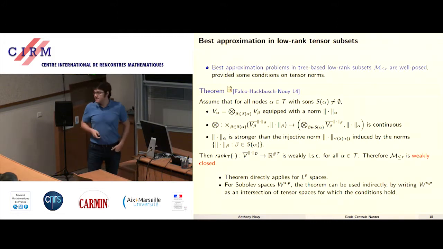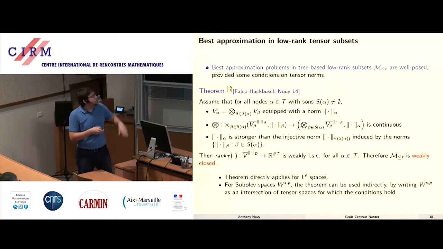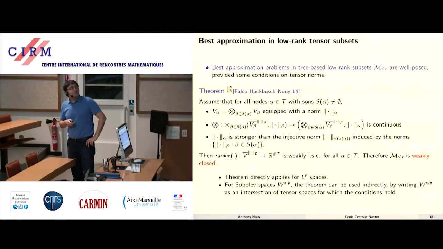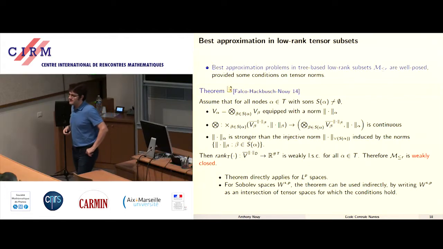For a tree-based subset, so I mean, if you have the subset defined with respect to a tree, you have positive results on best approximation problems, but you need to specify some topological properties.